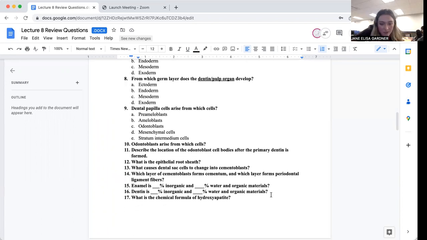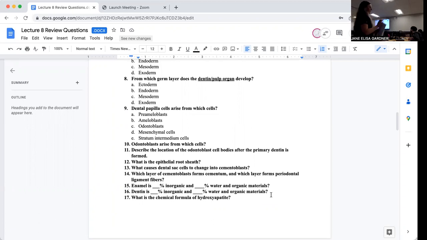Okay, which layer of cementoblast forms cementum and which layer forms periodontal ligament? You don't even have to know this to really answer it. You have to know where the cementum is compared to the periodontal ligament. We know that cementum is deep to the periodontal ligament.